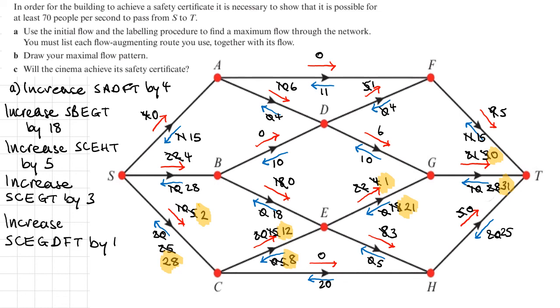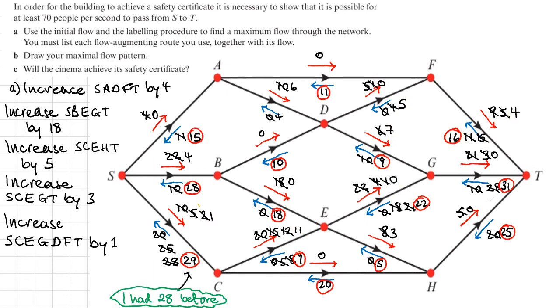So we're going to increase SCEGDFT by 1. Here's my final labeling, and again the numbers which have changed have been highlighted. What we've effectively done is remove one person from going along DG, and now that person is going along DF, which allows us to increase the overall flow of the network by 1.